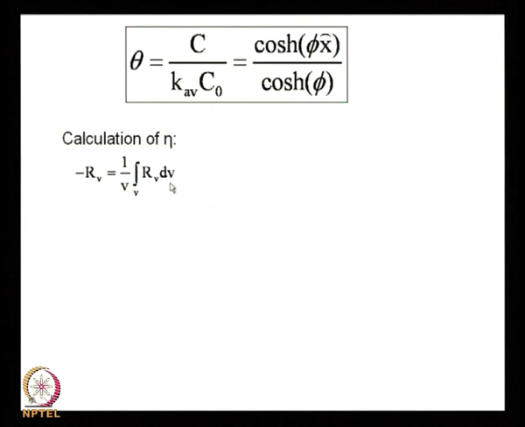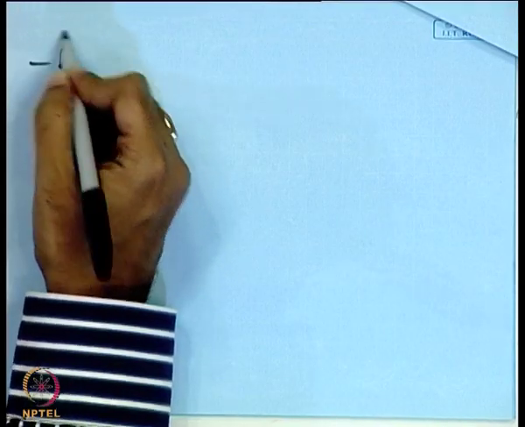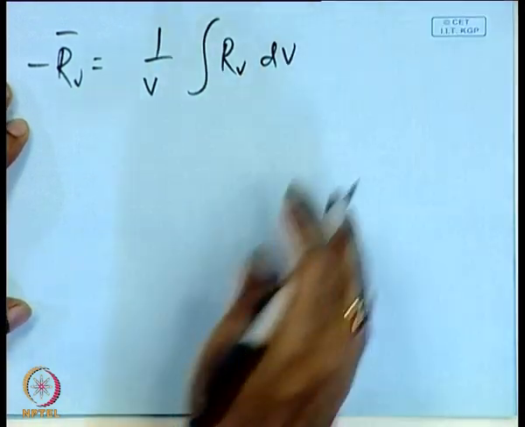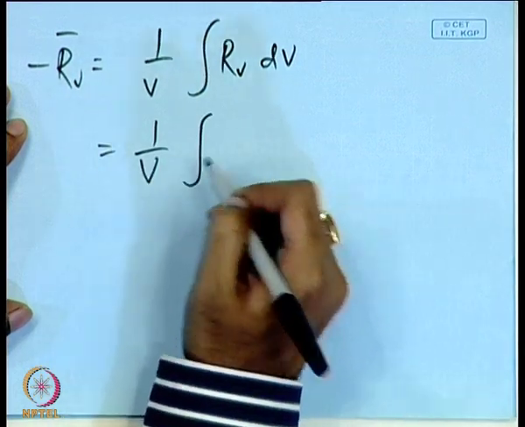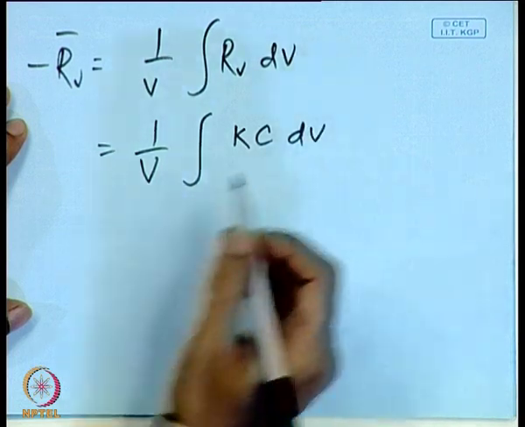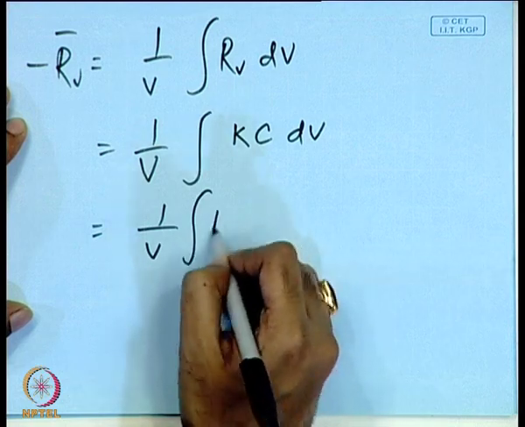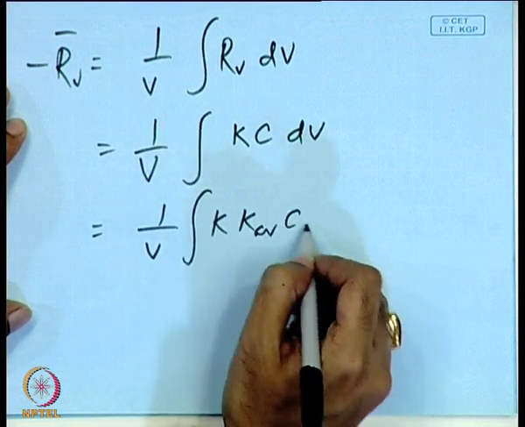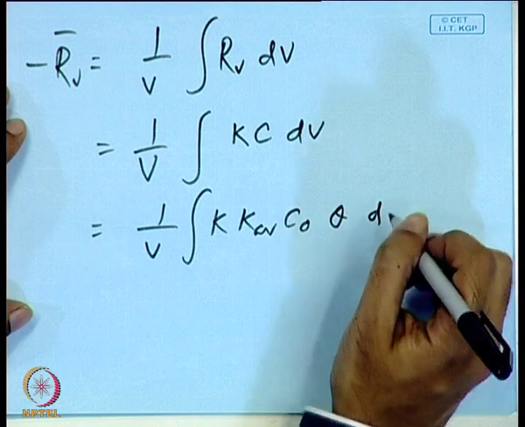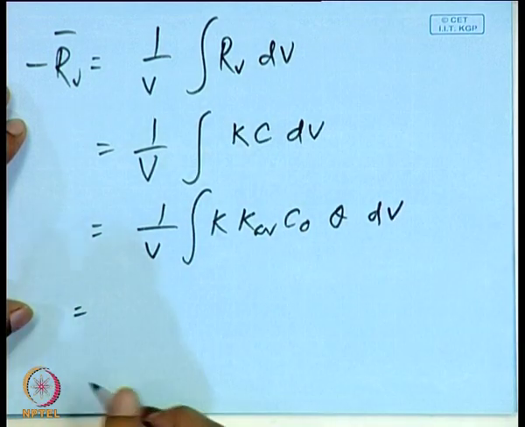Because you know the volume of your slab. What you got over here is a slight typo; this should be RV average, there should be a bar on top of it. So, minus RV average is simply going to be 1 over V times the integral of RV times dV, and that equals what we got, K C times dV, which equals K times kV times C naught into theta times dV, and dV you can cancel out, area on both sides.